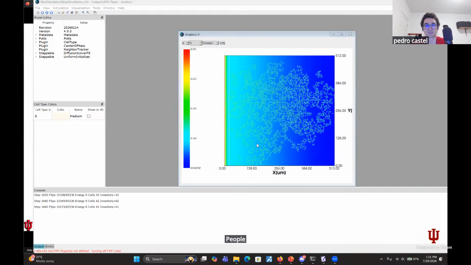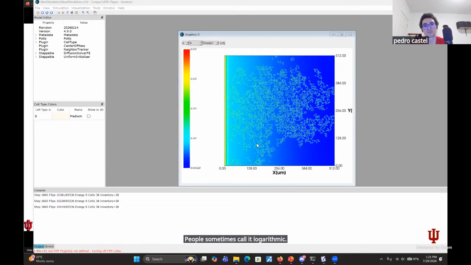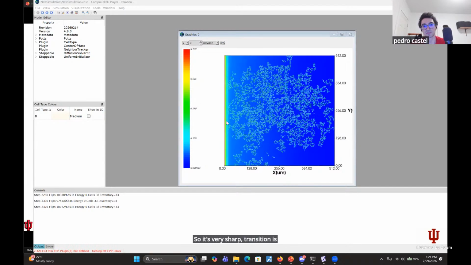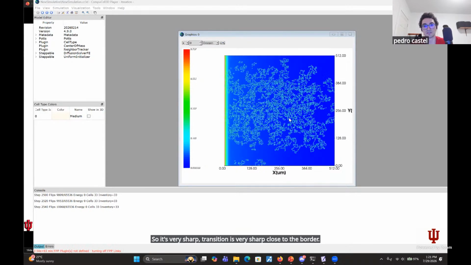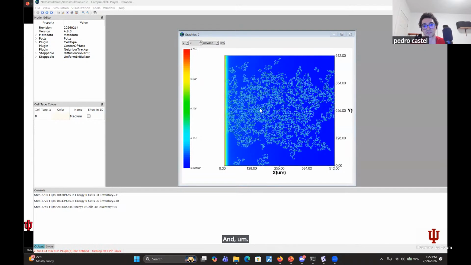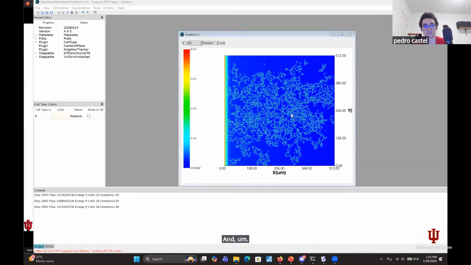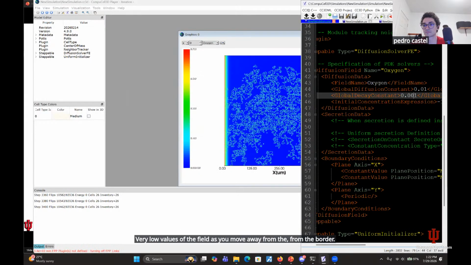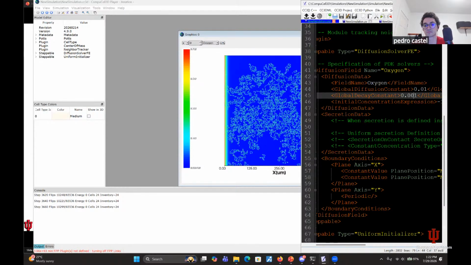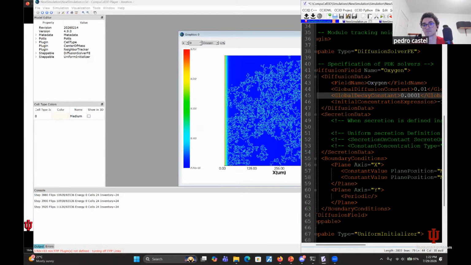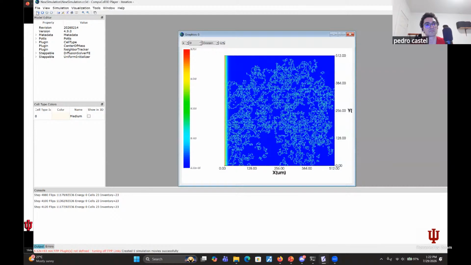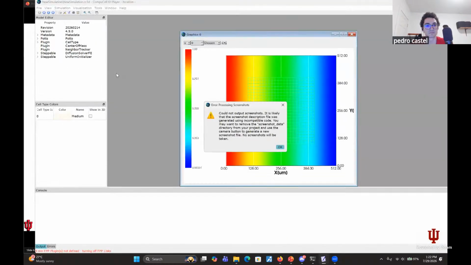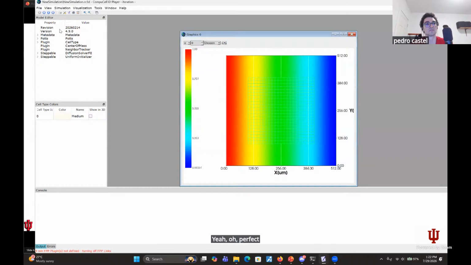People sometimes call it logarithmic field. So it's very sharp. The transition is very sharp close to the border, and very low values of the field as you move away from the border. Yeah. Oh, perfect. Working now.